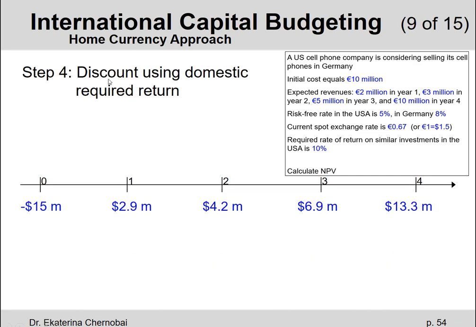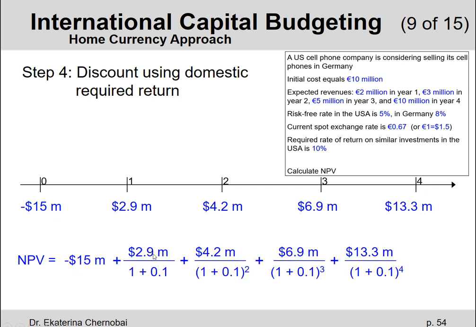So step 2, discount the dollar cash flows using the domestic, the US required return. The required return on similar investments in the USA is 10%. It's given to us. So we take minus $15 million from year 0, and we add all future dollar cash flows discounted back to year 0 using the 10% given discount rate.